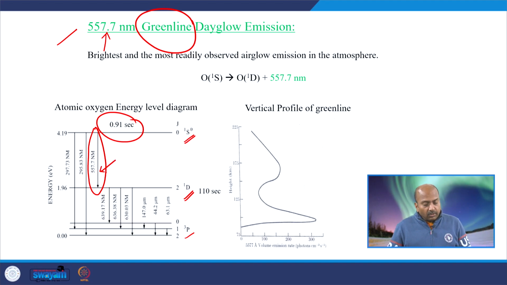Many other spectral transitions are clearly visible within this figure itself. We are not going to talk about all of them, but the point is this spectral transition results in the formation of airglow.